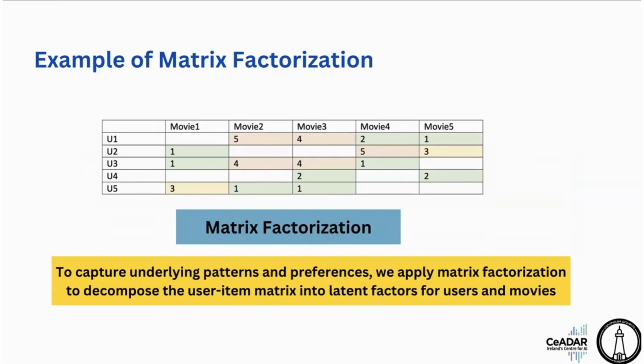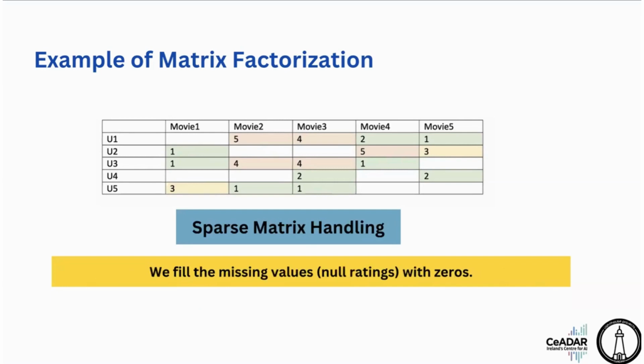Consider movie 3, where user 4 has given a rating of 2, and movie 5 also has a rating of 2 from him. That means both movies contain similar patterns or similar appeal for him. That's why he has given them the same rating.